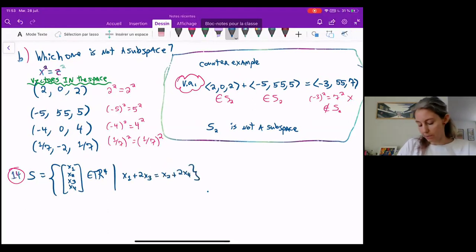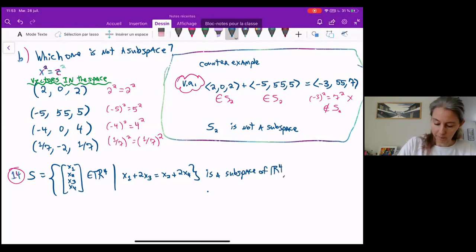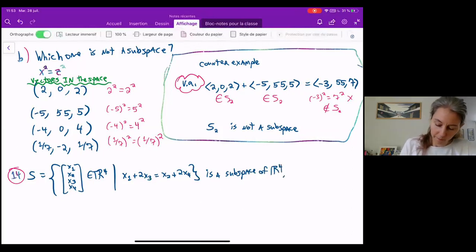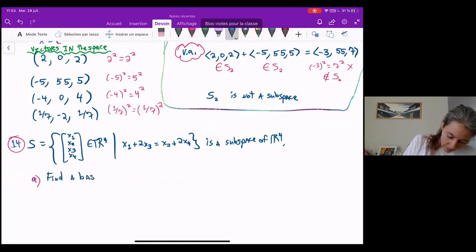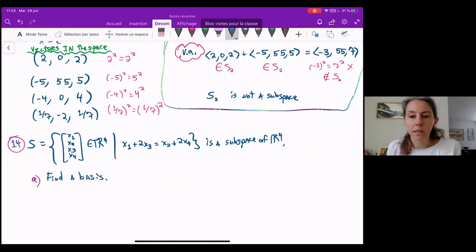And we're told it's a subspace. Part A, find a basis.